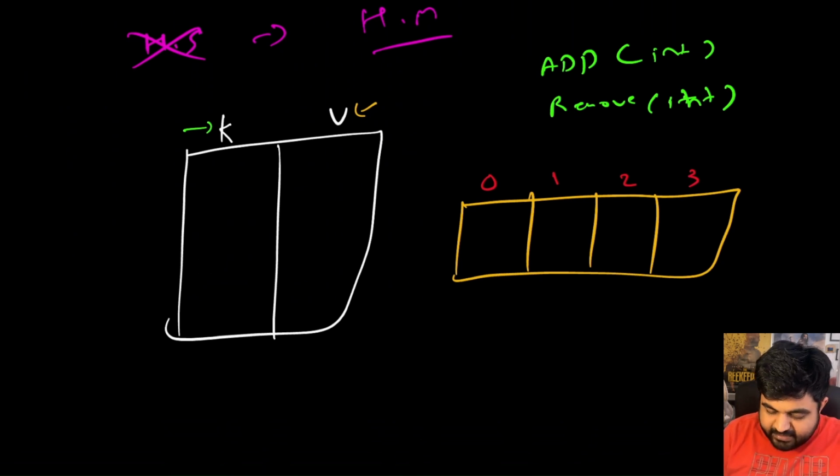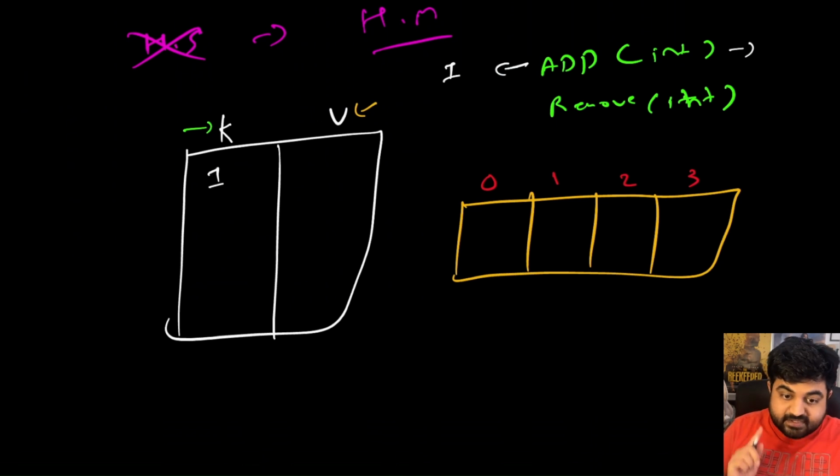Now let's see the logic for the add operation. Let's assume that I need to add value number 1. I can add value number 1 over here because 1 was not present. First I will check whether 1 is present or not. Because 1 was not present, I add value number 1 inside our hash map. All of these operations happen in big O of one time.